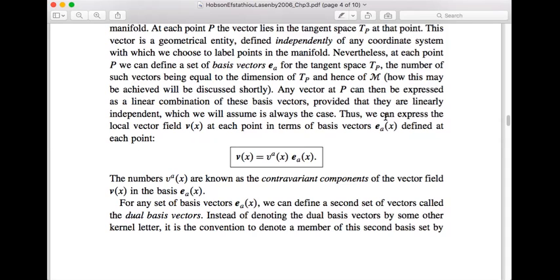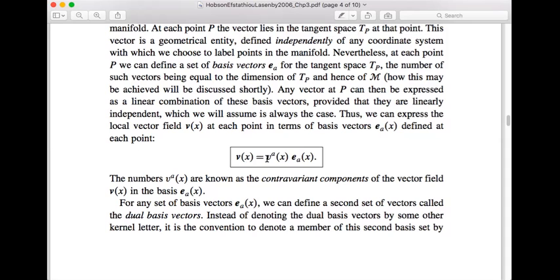That's why we put x there; read this as being a function of position, defined at each point. So V, the vector at the point x, is V^A, which are just real numbers, and there are 4 of them in a 4-dimensional space because the index A takes on 4 different values: 0, 1, 2, and 3.